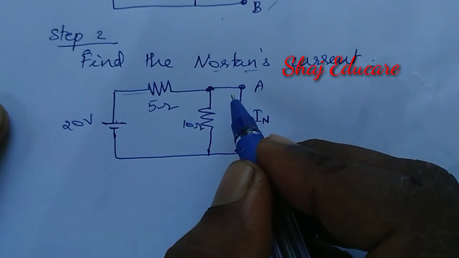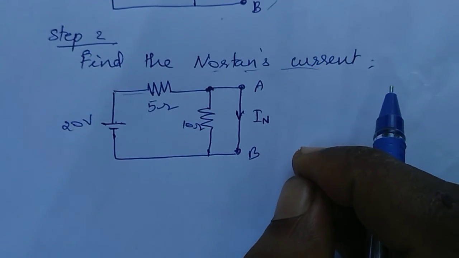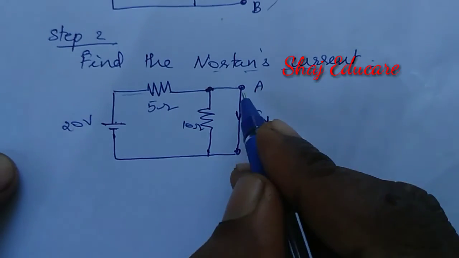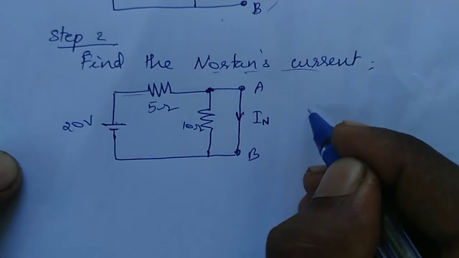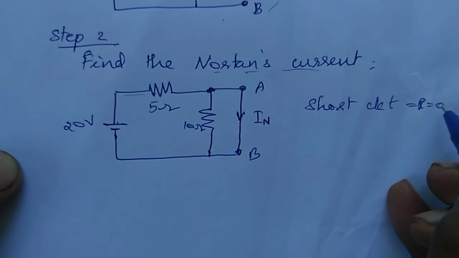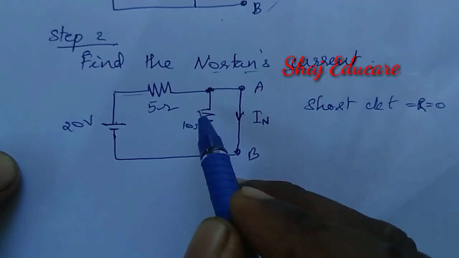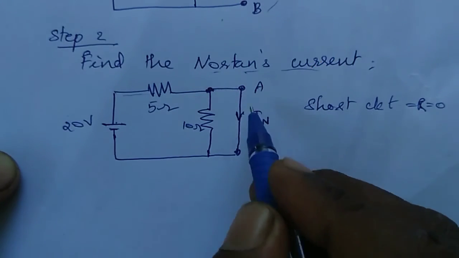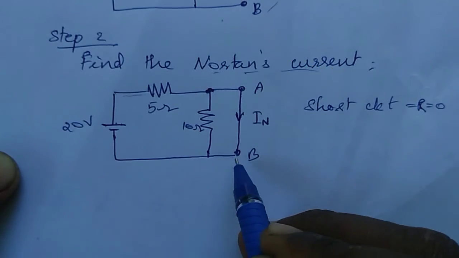But here we have to apply the logic that current will always flow through a null resistance path, if any. Null resistance, in the sense of a short circuit, means resistance is equal to 0. If there is any path with 0 resistance, the entire current will flow through that region.